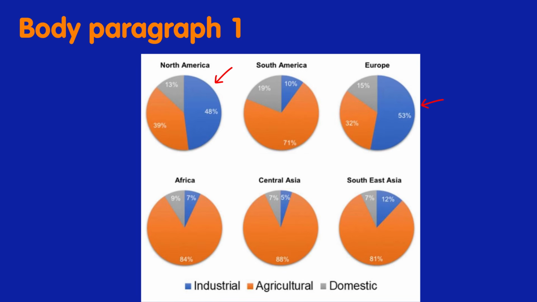And similar quantities, as you can see, 13% for North America and 15% for Europe, is used for domestic purposes, right? And also, Europe uses 1/3 of its total water for farming, for, let's say, agricultural purposes, right?